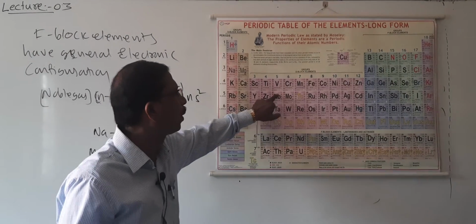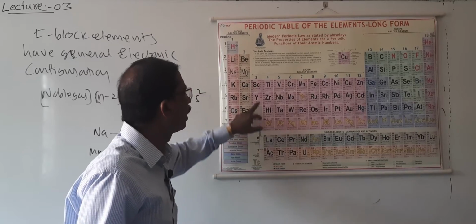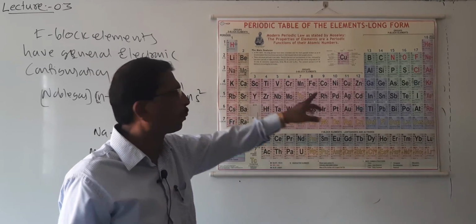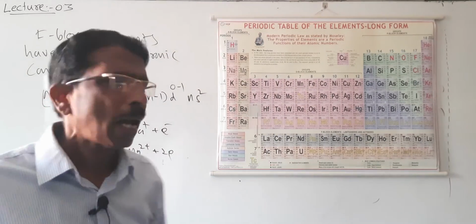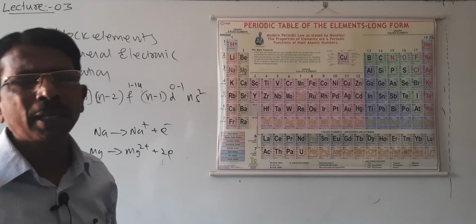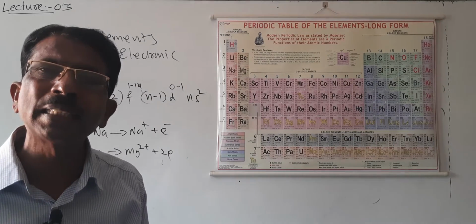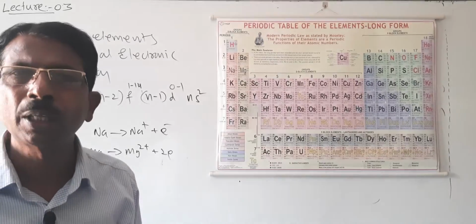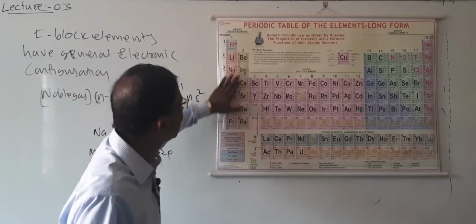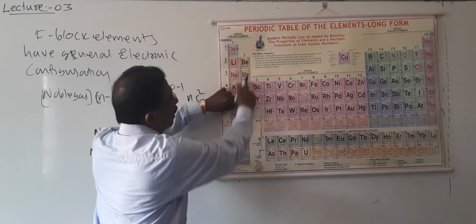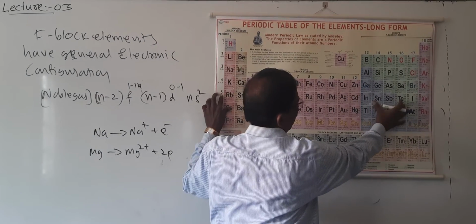And after that the d block elements. The d block begins from scandium, in the 4th period, and goes from scandium to zinc. D block elements are also called transition elements. Why are they called transition elements? Transit means change, a gradual change. Because look here students, here we have the s block elements, and at this end we have the p block elements.